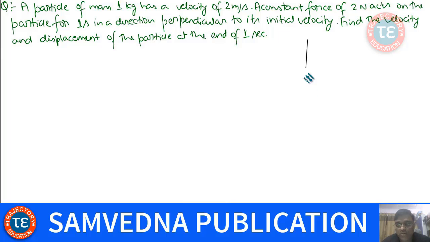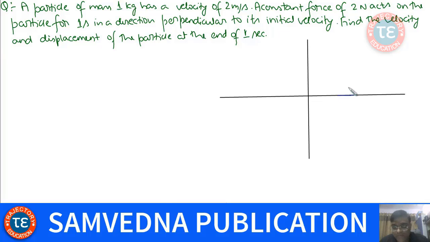See, let's draw a coordinate system. Alright. Suppose the body is moving along x-axis. Let's use red pen. And let's suppose the body is lying at x naught distance when the force starts acting on the body.